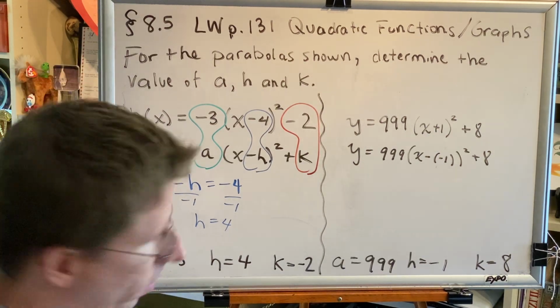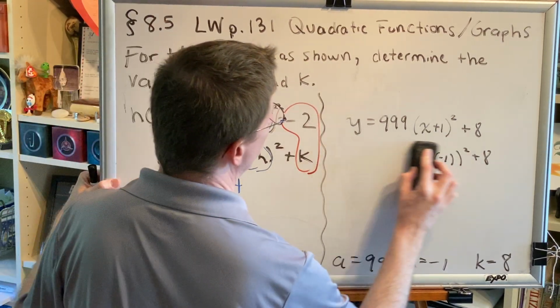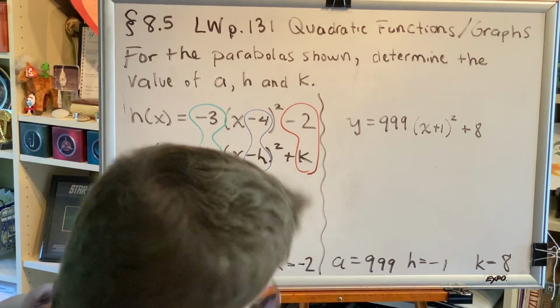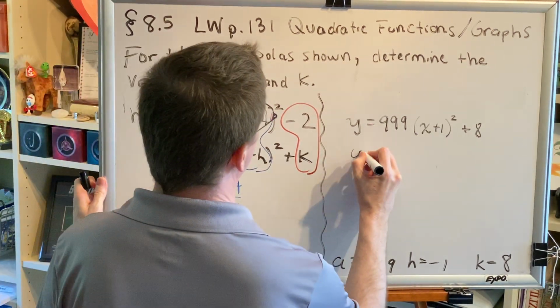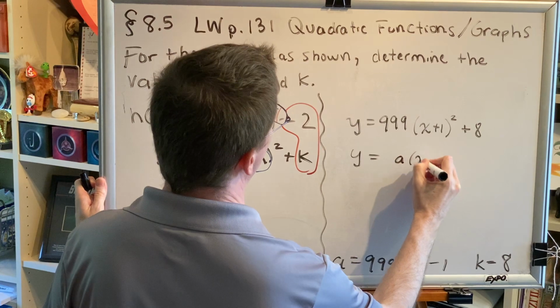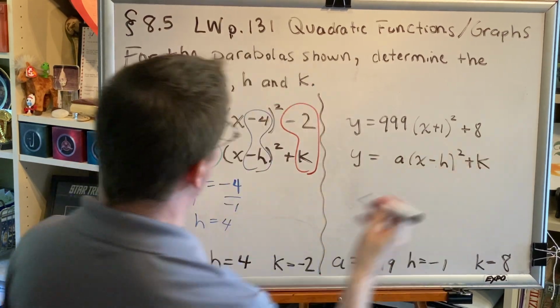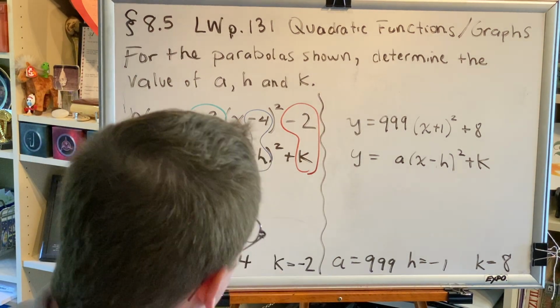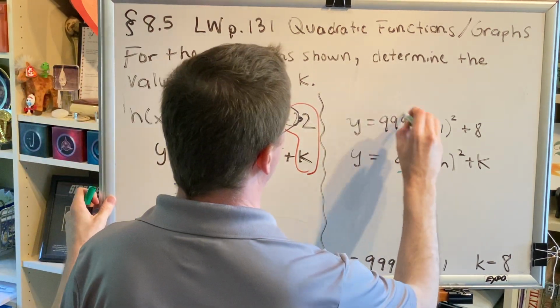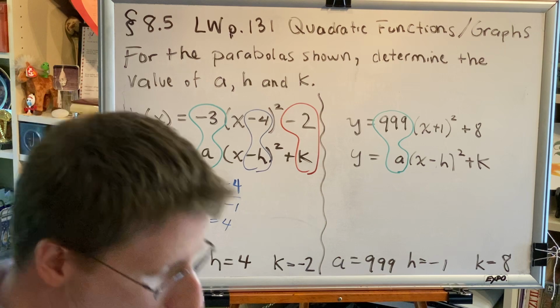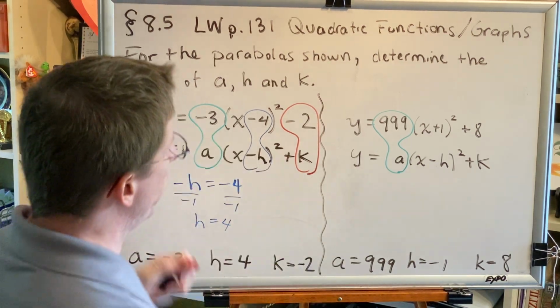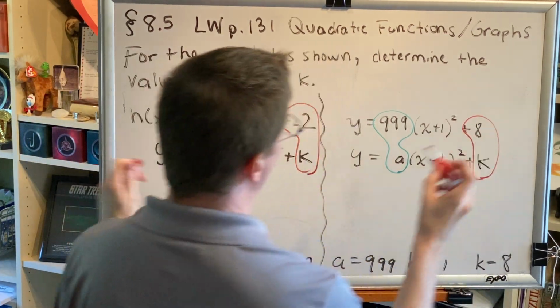All right, and now let's solve this same problem using the alternate method that I said I would be using as well. We place our vertex form equation directly beneath, and then we line everything up. So we can see that a is equal to 999. We can see that k is equal to positive 8.